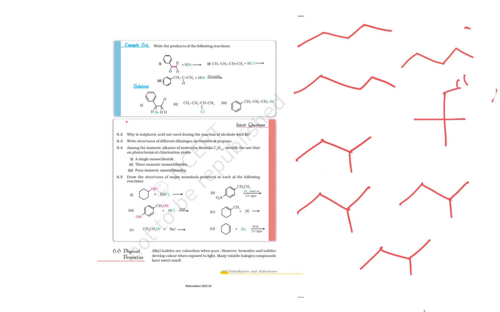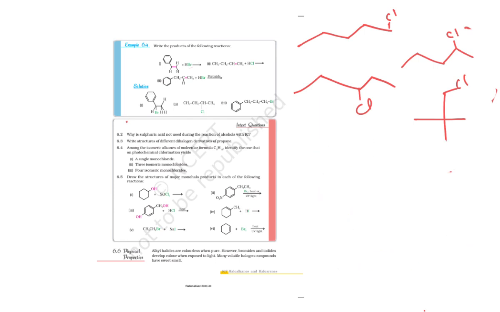Then 3 isomers of monochloride. So this is one isomer, this is second isomer, this is a third isomer. Then 4 isomer possibilities. Here one isomer, 1, then 2, then 3, then 4. So totally 8 isomers are possible. I already told you in the previous classes. Clear?